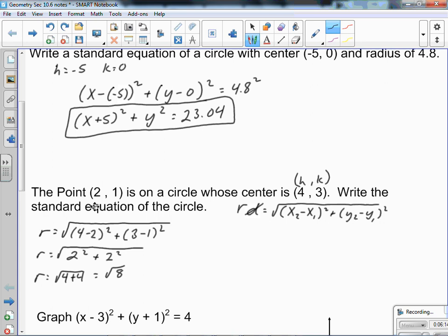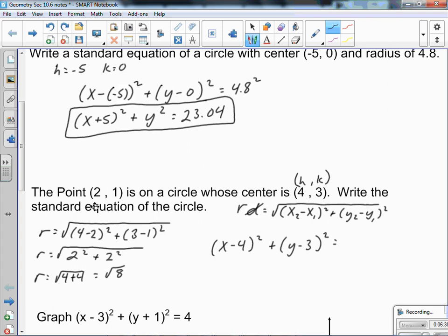So we're going to have x minus h, so (x minus the 4) squared, plus y minus k, which is the (y minus 3) squared.